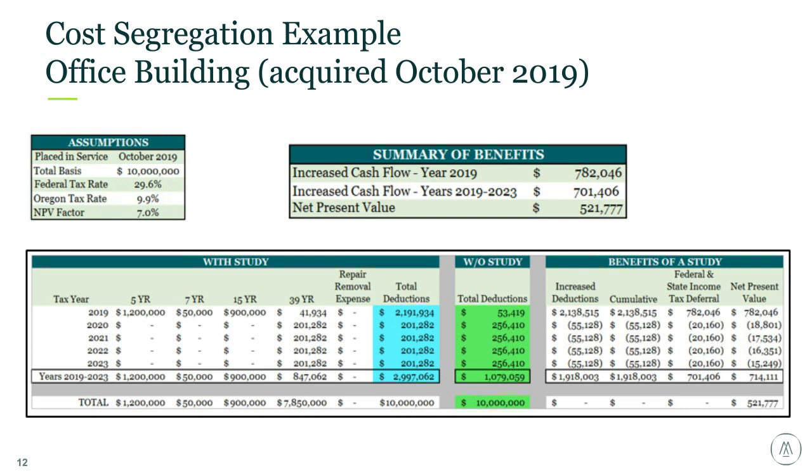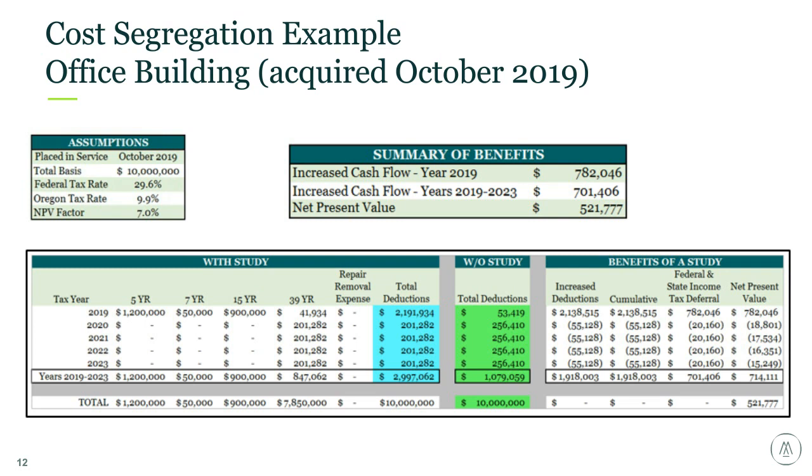Because the property was acquired and placed in service after the enactment of the Tax Cuts and Jobs Act, which was the most recent tax reform bill, I guess pre-CARES Act, the assets with lives of 20 years or less are eligible to receive 100% bonus depreciation, which provides an immediate depreciation deduction. More on that in the next slide.